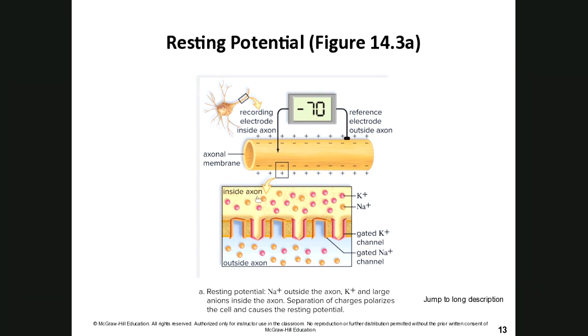So inside, if we were to look and see what makes this negative 70 and what makes this outside more positive, we would see inside we have lots of these little chemicals, and some of them are positively charged, the potassium and the sodium, and then we'll have others that we're not actually looking at right now that are more negatively charged. So then we have these channels that these sodium and these potassium ions can go through.